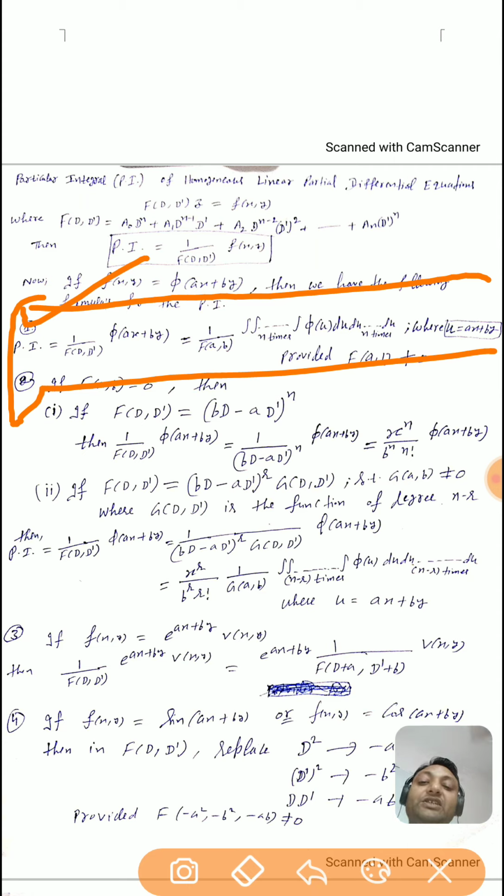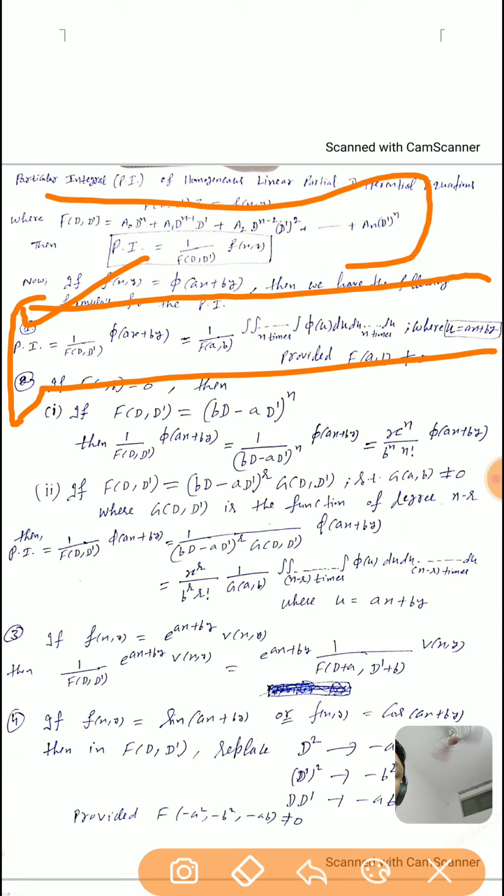and integrating phi with respect to u n times, where u is equal to ax plus by, and we are integrating it n times because f(D, D') is a function of D and D' of degree n.